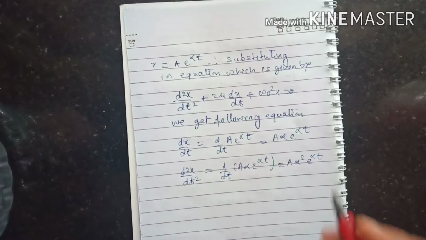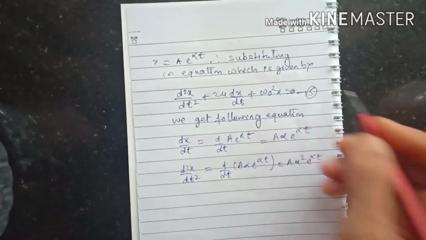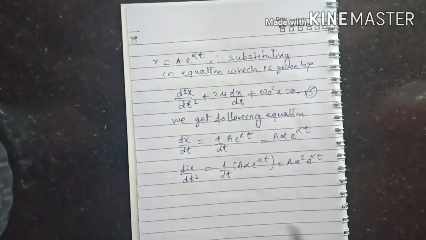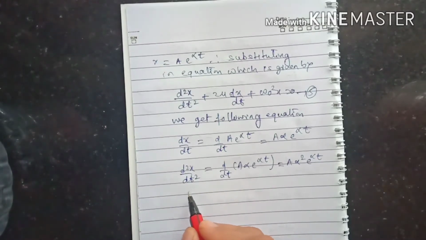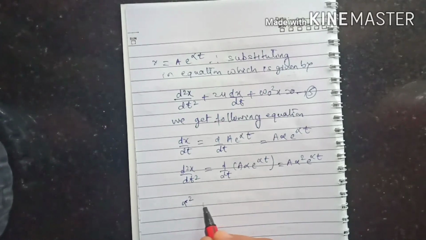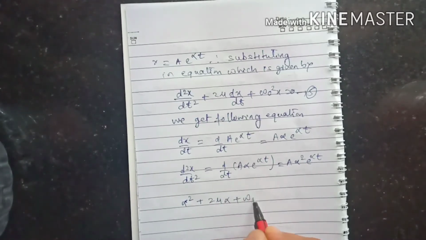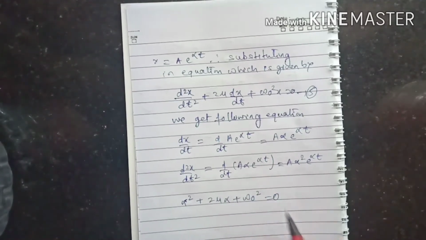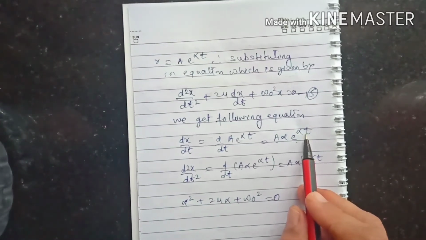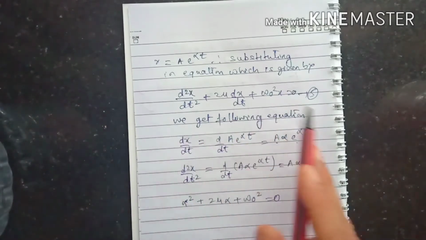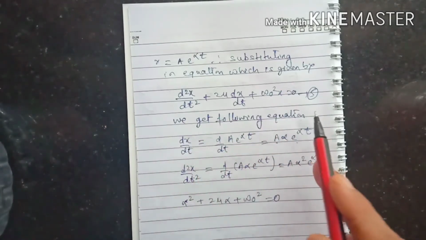We substitute these in this equation, which is equation 5. A e^(alpha t) will be cancelled out from equation 5 because it is the common factor.